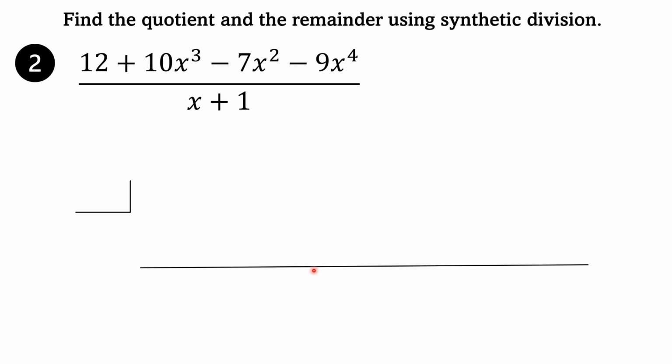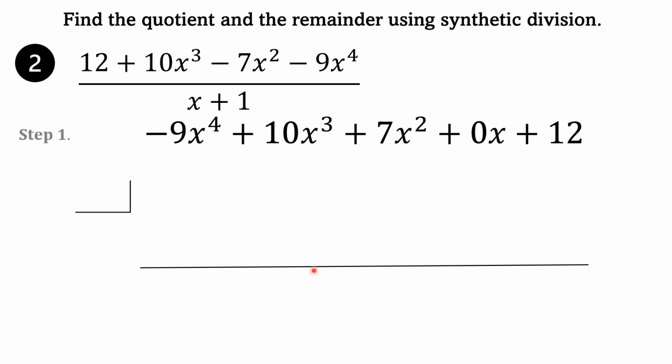Do the same with the divisor. So that is negative 9x raised to 4 plus 10x cubed minus 7x squared plus 0x. Place 0 for the missing term.